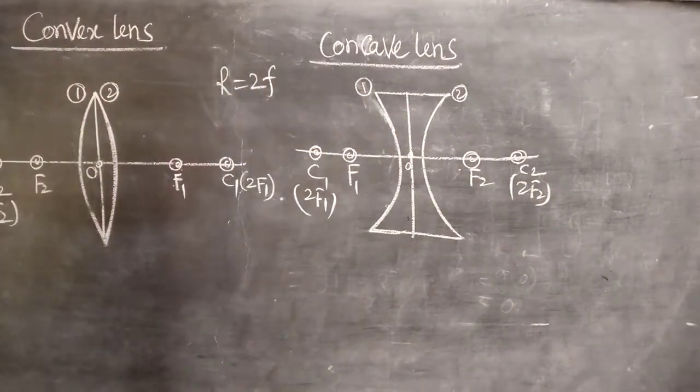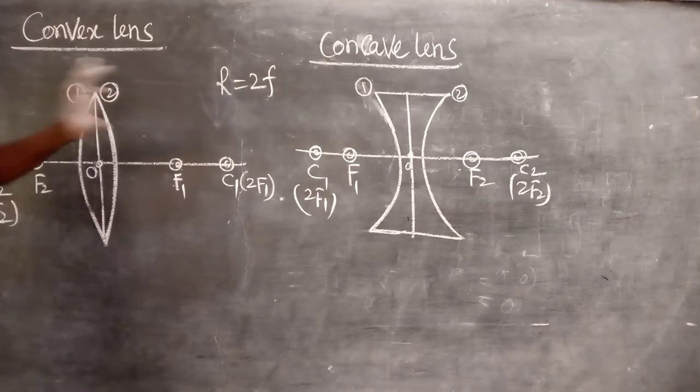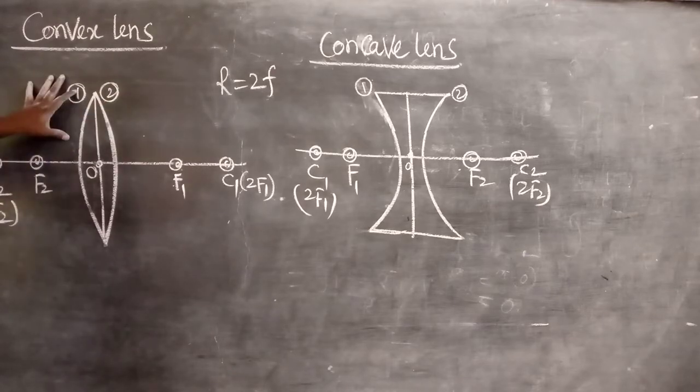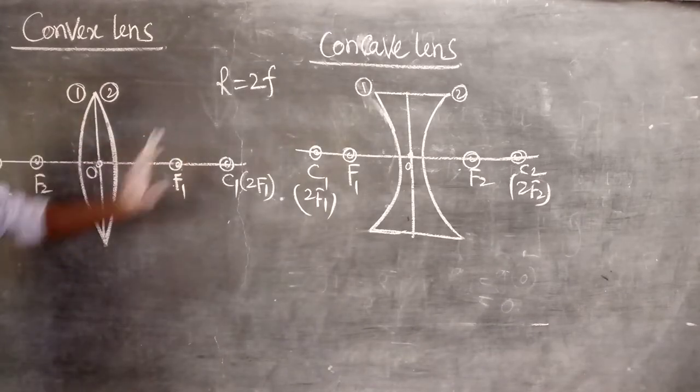Now convex and concave lenses: in case of equi or biconvex lenses, there are two refracting surfaces. Due to that, each curved surface will have one principal focus and one center of curvature.